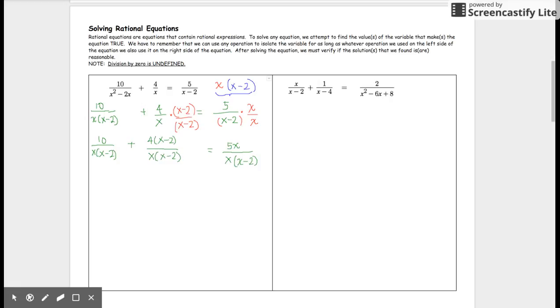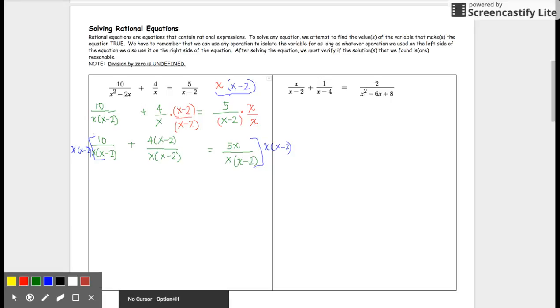Well, if we multiply both sides of the equation by the common denominator, then let's see what happens. So if I multiply the left side by x times x minus 2 and the right side by x times x minus 2, what are we going to get?